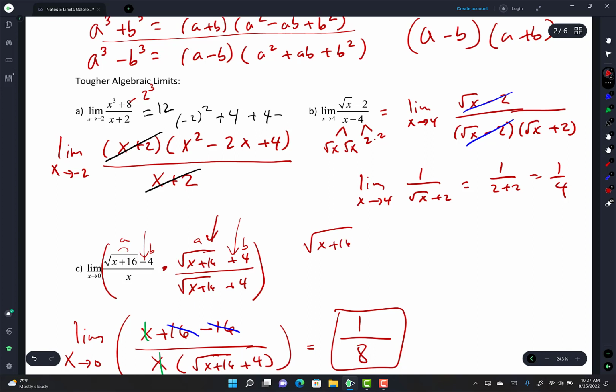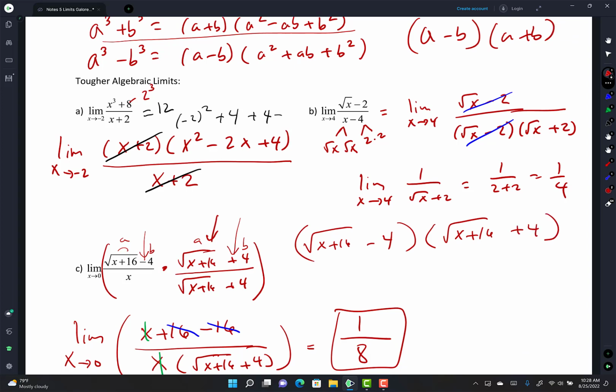Square root of x plus 16 minus 4, square root of x plus 16 plus 4. Look, the whole point, don't worry, I see you. I want to answer a question really quick. I want to get rid of the square root. So when I have square root times square root, the square root goes away, right? And now look, x plus 16.